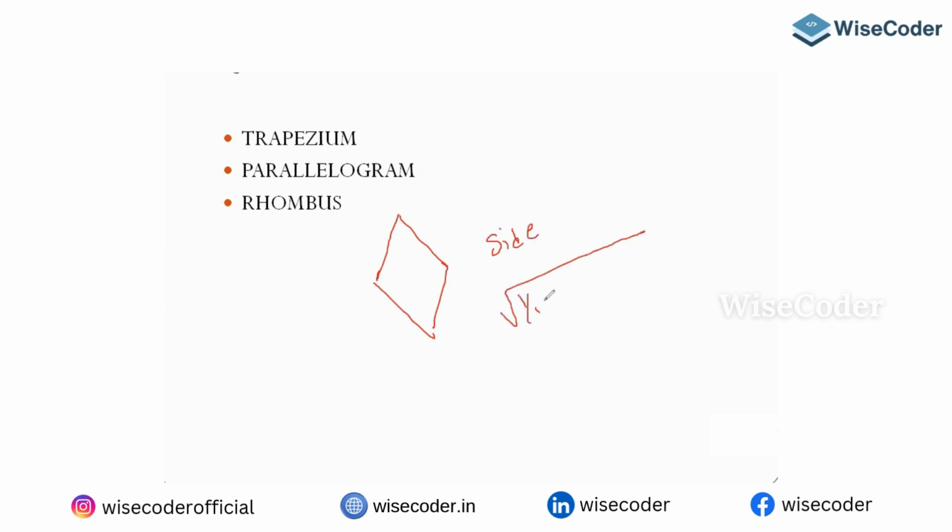Square root of 1/4 into the sum of squares of the diagonals. You can pause the video and write the formula to get the side. This is a formula. Let's say this is A, this is B, this is C, and this is D.